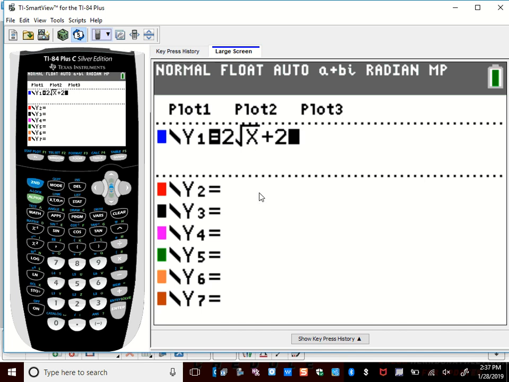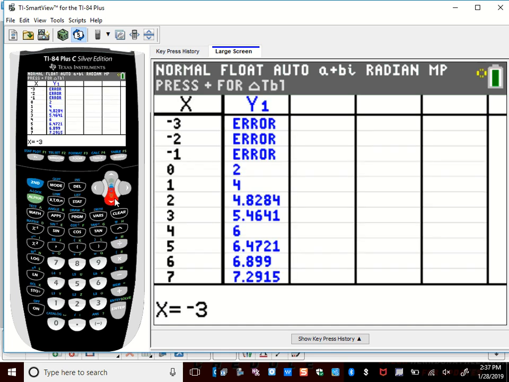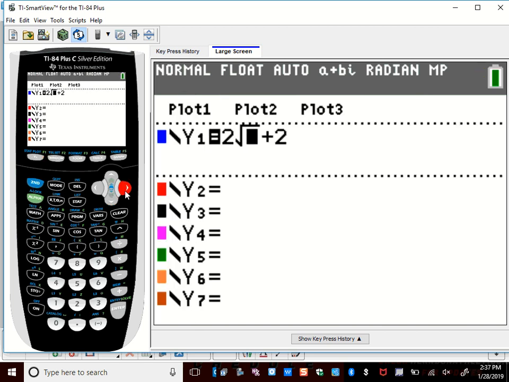Okay, did you guys get this? Alright, let's hit second table. Do you guys have that we're starting at 0, 2? Jennifer, do you have it? No. So that option bar that makes it all the way to the 2, you've got to scroll out of that. So once you type in the square root of x, move it over to the right so it comes out of the bar, and then you hit plus 2.